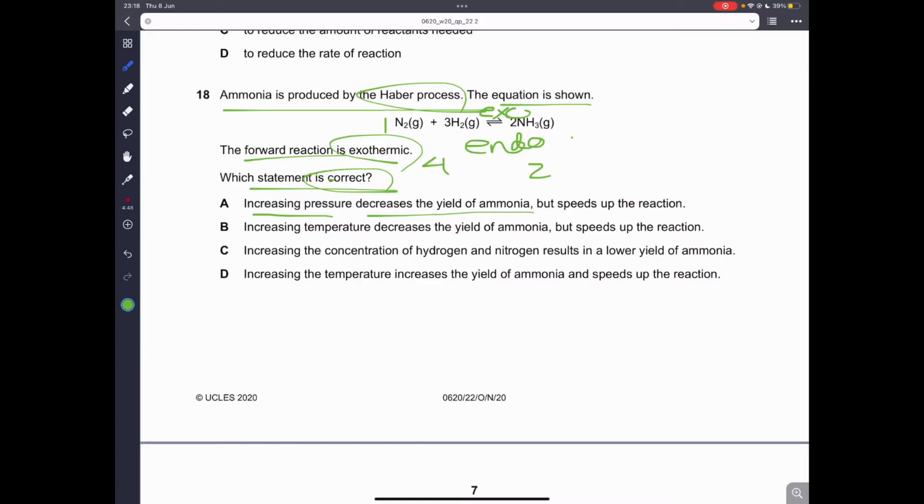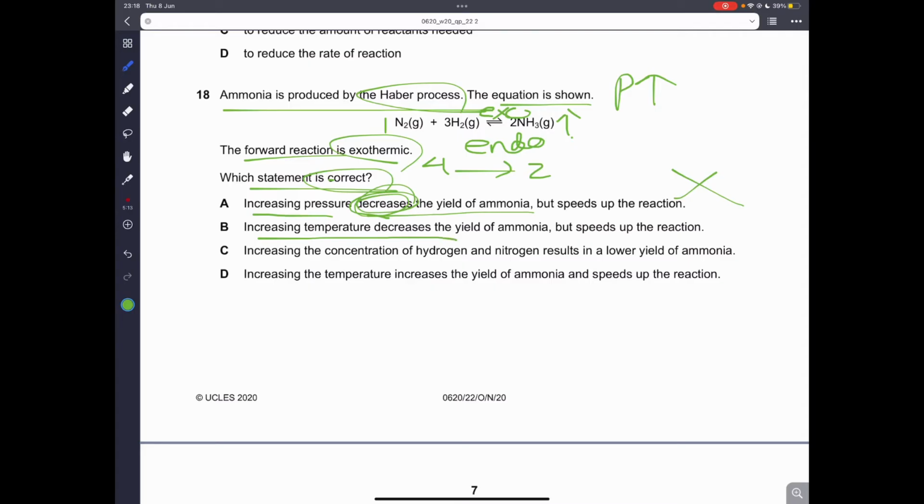So if you increase the pressure, the equilibrium is going to shift to the right, because it's going to go from the side with more molecules or more moles to the side with less moles or less molecules. And so the yield of ammonia is going to be high. So this is wrong, because pressure has to increase the yield of ammonia.